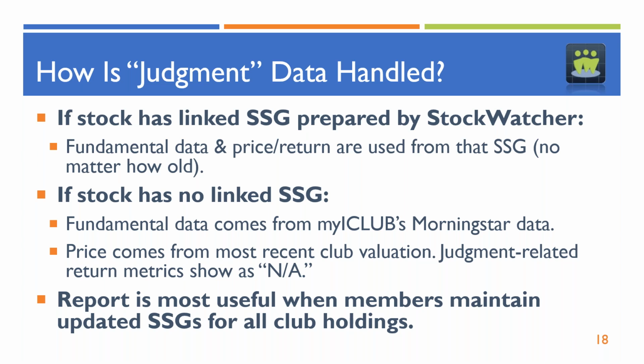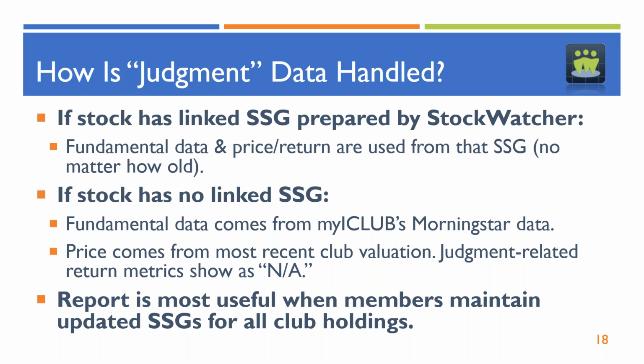So if the stock has no linked SSG, then on the fundamental data side, we'll display the facts, the data, the percentage change. Those aren't subject to interpretation or judgment. On the price side and the return side, we don't know your judgment, so we show NA, not available, for all of those values. So to reiterate, it's most useful when members are maintaining updated stock selection guides. So it's important to get them into the routine.